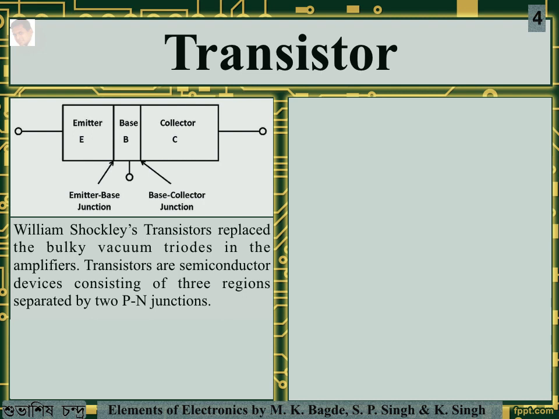The emitter and the collector have the same polarities. The emitter is heavily doped and supplies the majority carriers, while the collector collects the charges from its junction with the base and is therefore moderately doped. Ohmic contacts are made to these layers to transfer current.